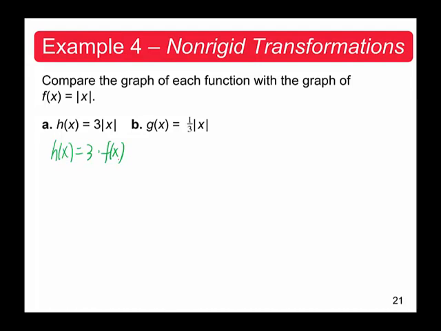So here, this is definitely vertical stretch. And second one, g of x just becomes 1/3 of f of x. So we know that this must be a vertical shrink.